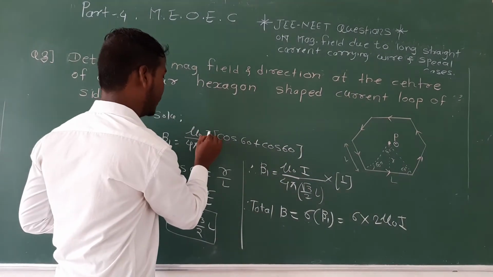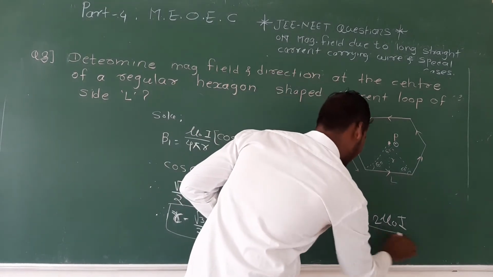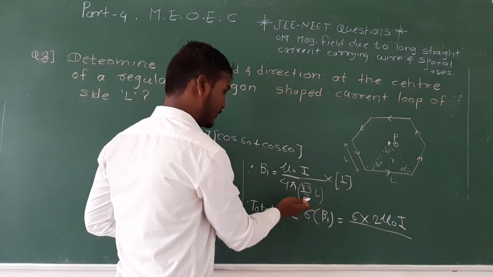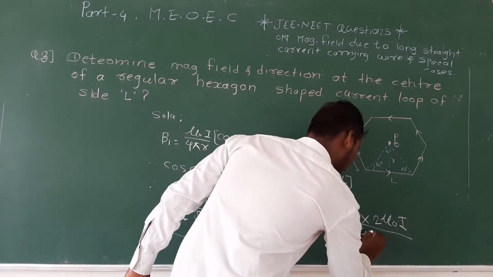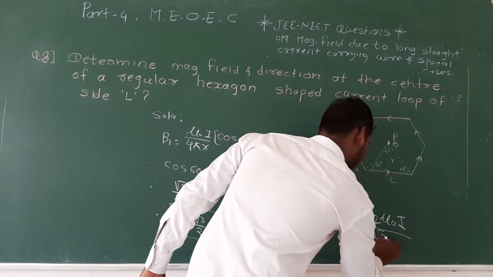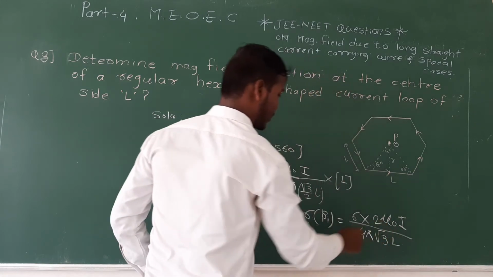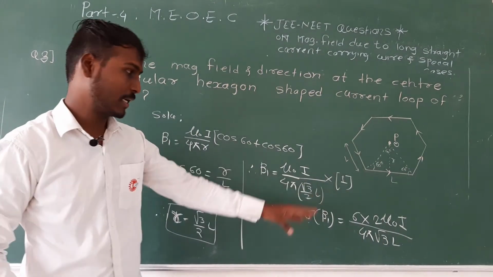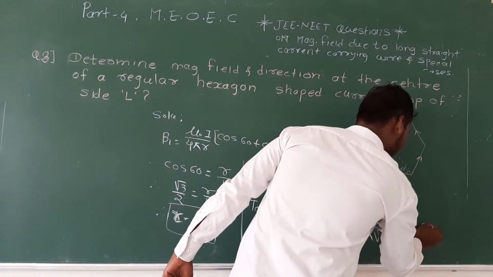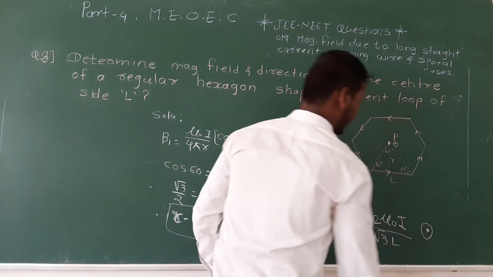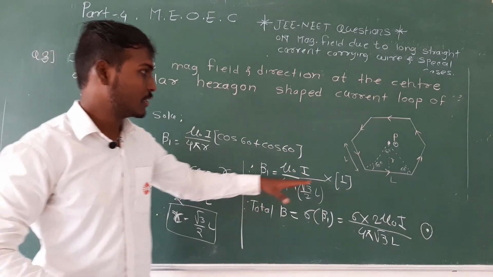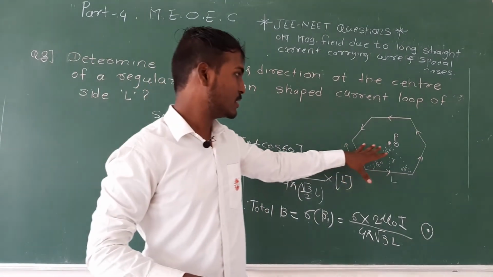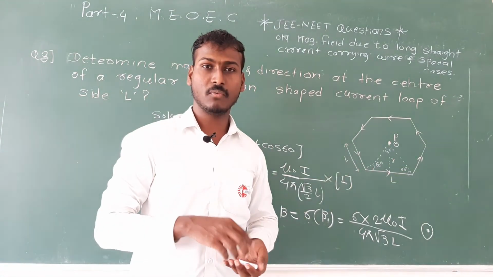Mu 0 into I, current is always there, divided by 6 into B1. 2 will come here. 2 mu 0 I divided by 4 pi root 3 L. You can cancel whatever you want to cancel, 2 to 4 you can cancel. And the direction will be outside the plane, dot. Okay. I hope you got the question, because we just drew a geometry to get what we know.